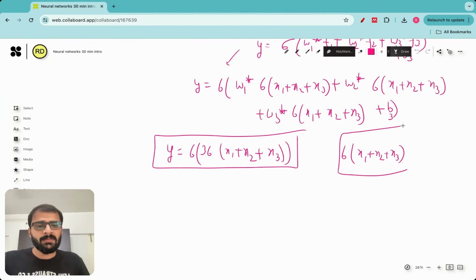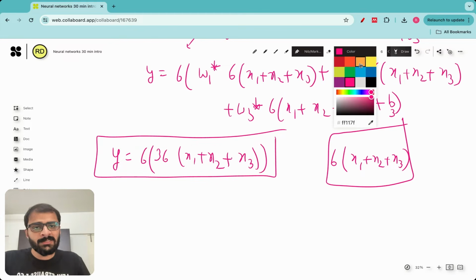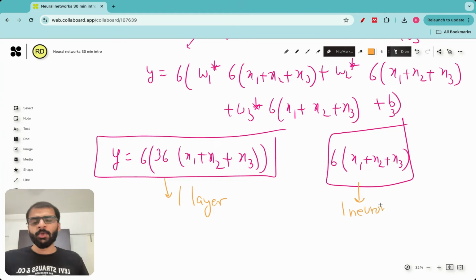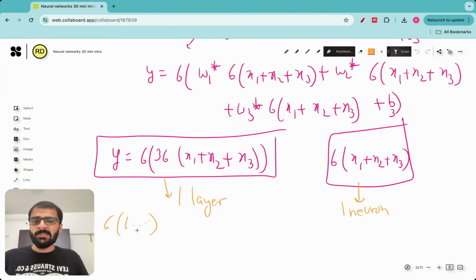The difference between these two is that this is the formula when we have one layer, and this is when we have one neuron. Do you see the difference? Here there is sigma of sigma, so it's a more expressive function, whereas here there is only one sigma.